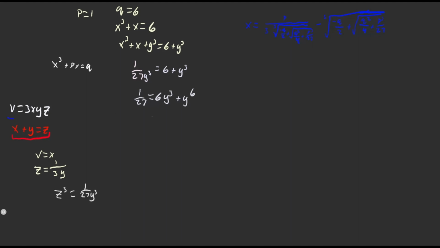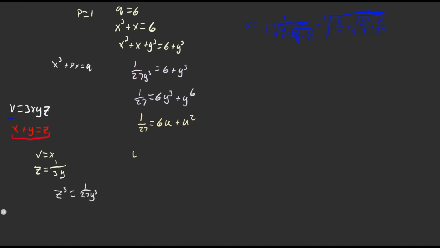Let's go ahead and substitute u for y cubed in order to get our solution, where we will get 1 over 27 is equal to 6u plus u squared. And we can go ahead and use the quadratic formula to solve it, or complete the square, whichever one suits your preferences.